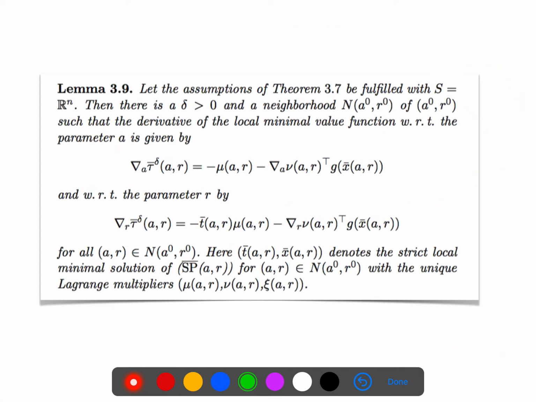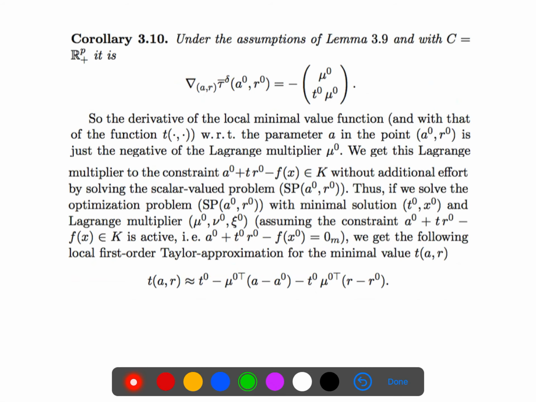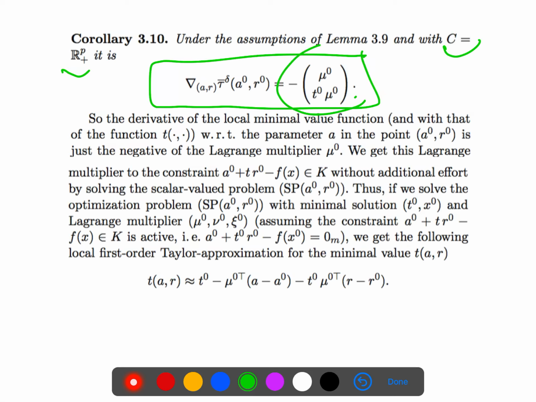So the derivative of the local minima is this one, and we can assume, if you just use C as the trivial cone, then the gradient, the sensitivity, is just an easy vector.